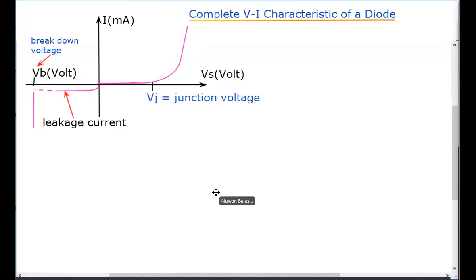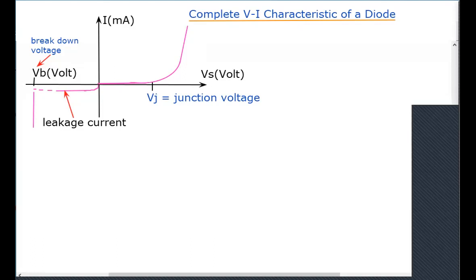So now let's start the transistor section. If you did not draw this new graph, not the previous one, take a screenshot, because I'm going to erase everything. Please quickly take a screenshot. Right, I have erased everything.